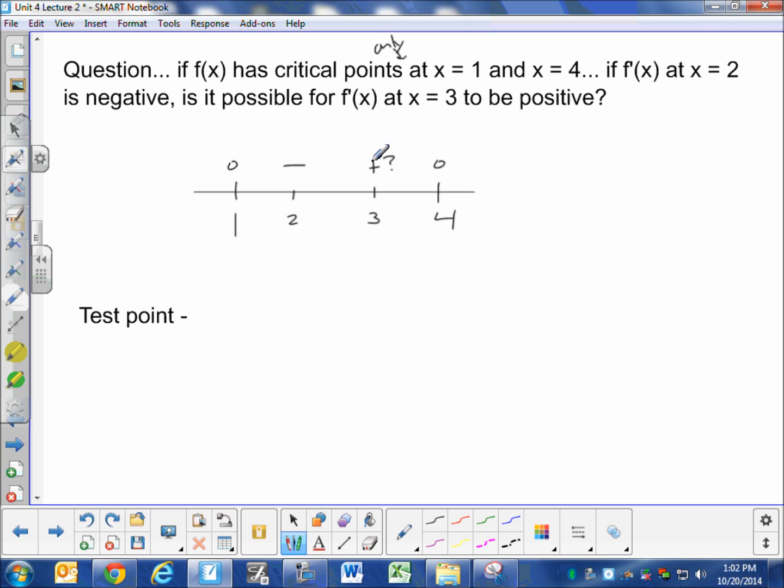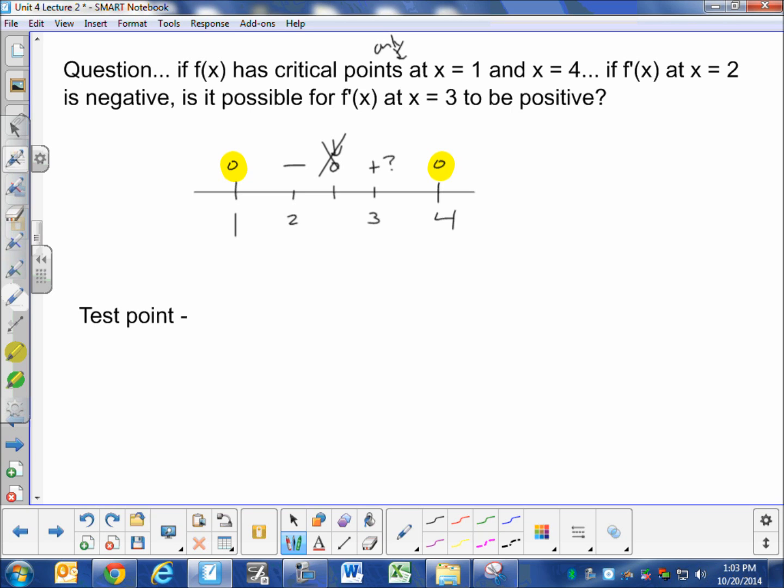If we found the only critical points are at 1 and 4, these are the only locations where you can have 0. You can't have another location where you have a 0. So if we have a negative, the only way we can go to a positive is to have another location of a 0 tangent slope. Well, that can't exist because I found my only critical points at 1 and 4.